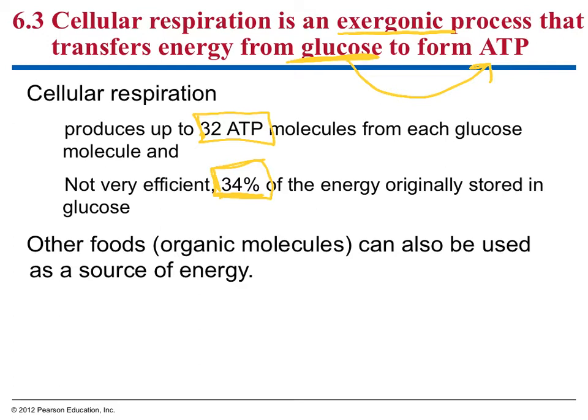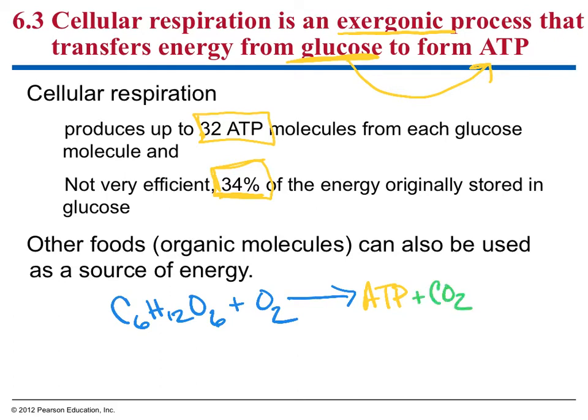So you might be like, well, energy is never created or destroyed. It's only transformed. Well, where does it go? If we write this equation out again, C6H12O6, that's glucose, and in the presence of oxygen, you get your products. ATP is what we really want, right? And then we also get some CO2, and that doesn't have much energy.